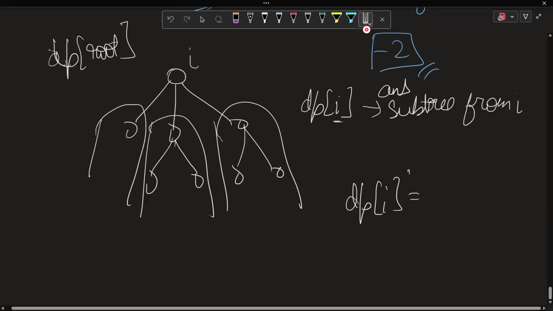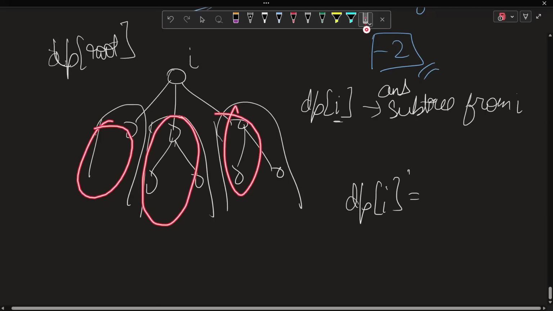Let's say I'm trying to write the transition for DP of I. If I have already calculated my answer for this subtree, for this subtree, if something X is my answer, I would add my answers for all the subtrees.